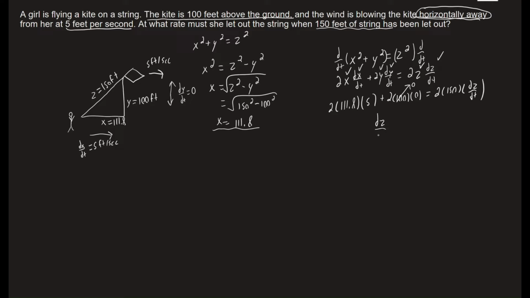And if we isolate for dz over dt, we'll be left with 2 times 111.8 times 5 over 2 times 150. So let's plug that in. So we get 3.73. And don't forget the units, feet per second.